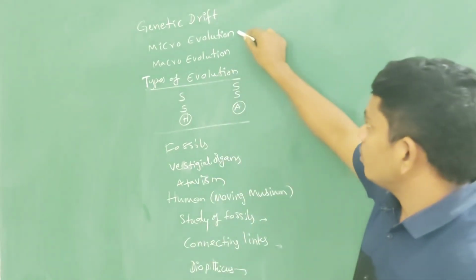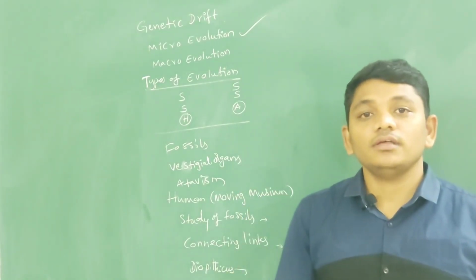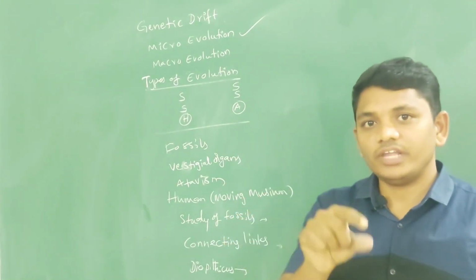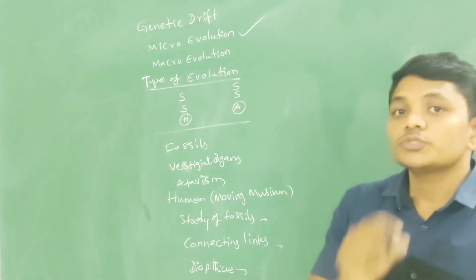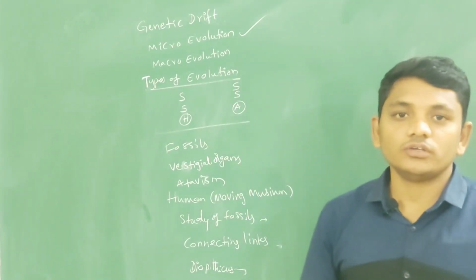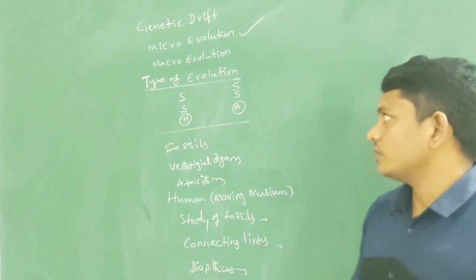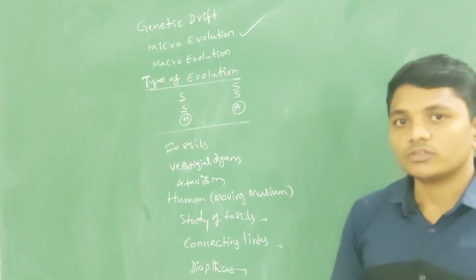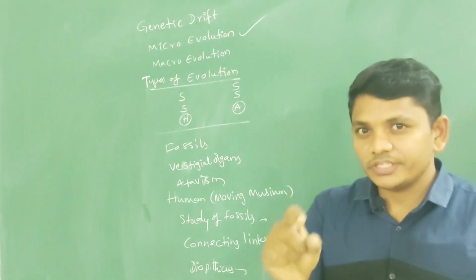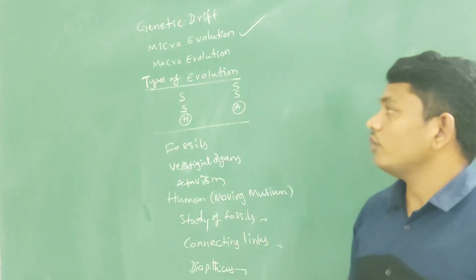And let us discuss microevolution, small changes within the species. We discussed genetic drift, which is a change in frequency, but here small changes within the species is called microevolution. Let us discuss macroevolution. Large scale changes among the species is called macroevolution.